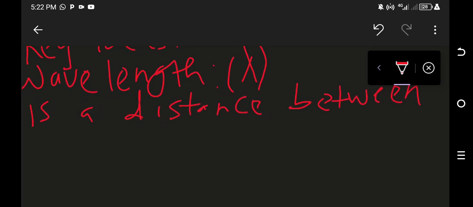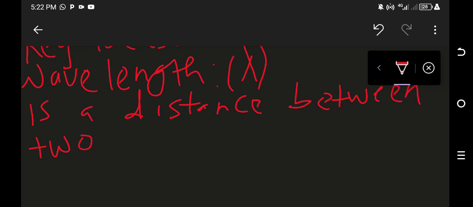Between two wave peaks, and these peaks can be either a trough or crest.